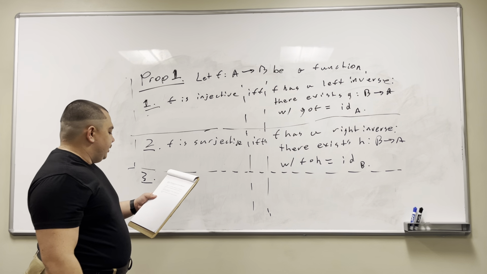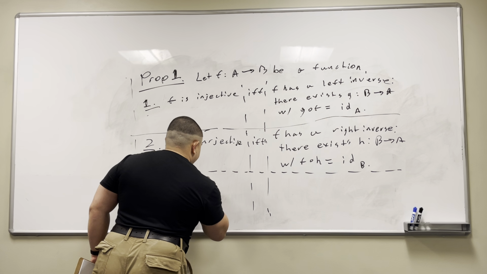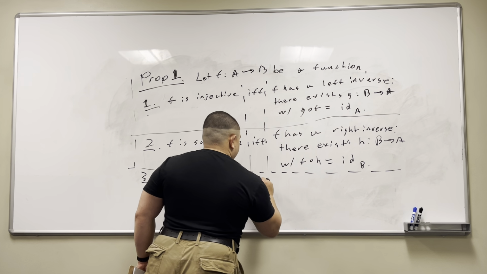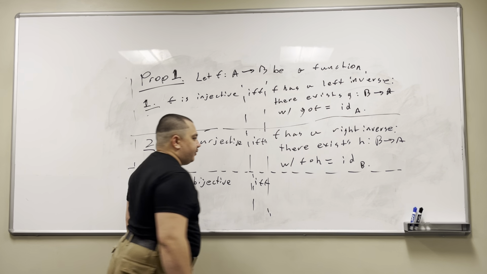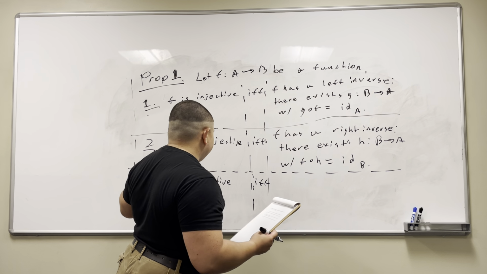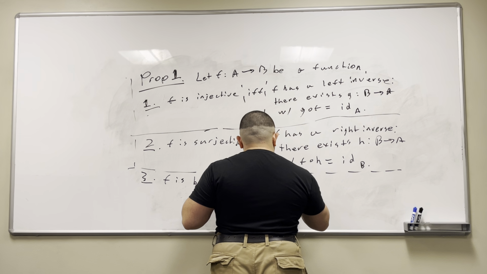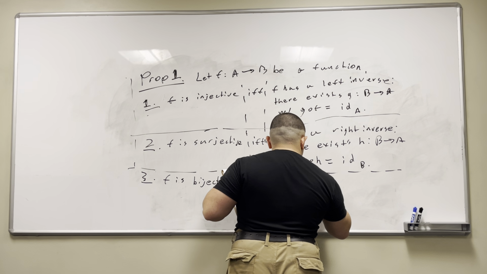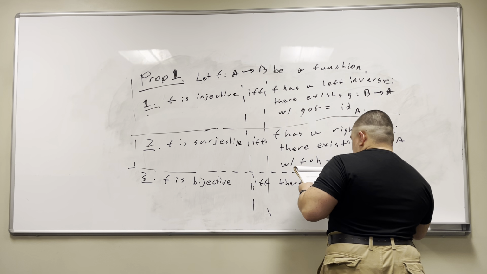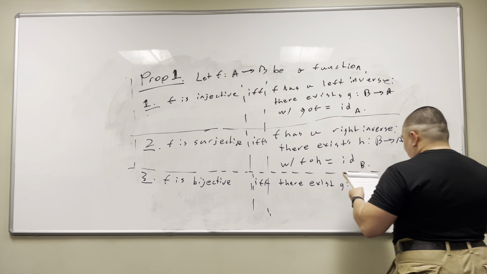Okay, so f is bijective. It's both of these things, right? f is bijective if and only if there exists g, which maps B to A, both of these things combined.